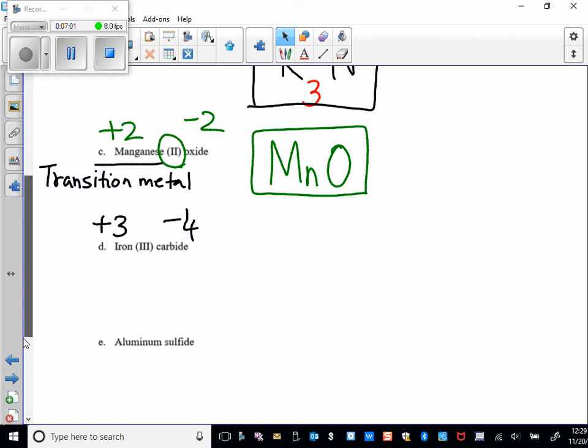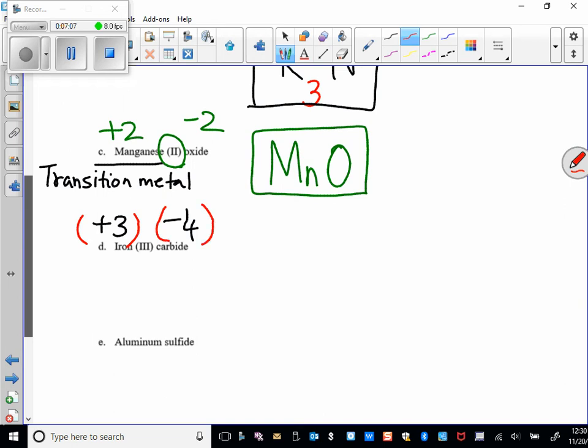Can somebody help me with what I should multiply this 3 by and this 4 by so that they cancel each other? Yes, Corolla? You multiply the 3 by 4 and the 4 by a 3. It's just basic algebra. Yes or no? 4 times 3 is 12. 3 times 4 is 12. And they will cancel each other.